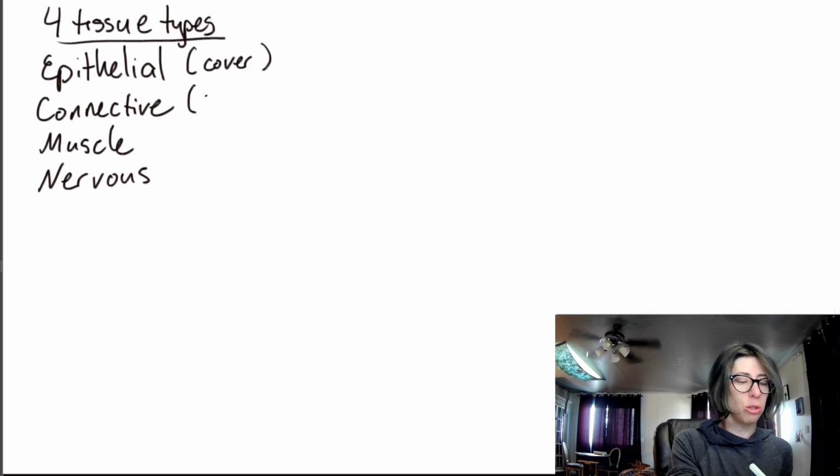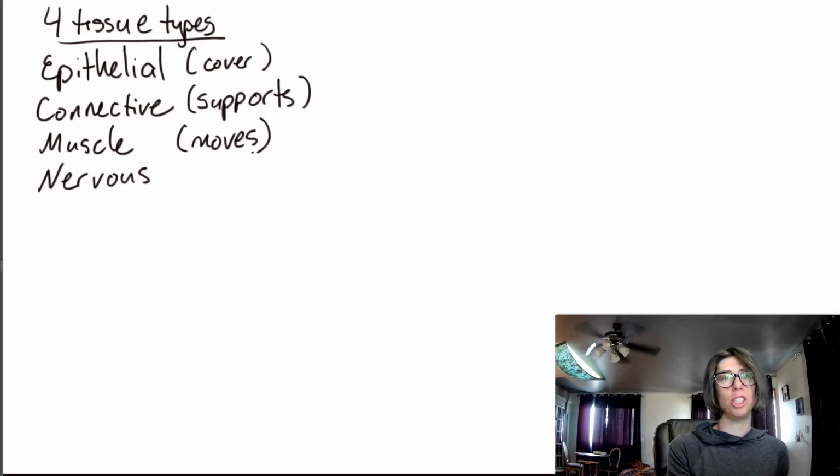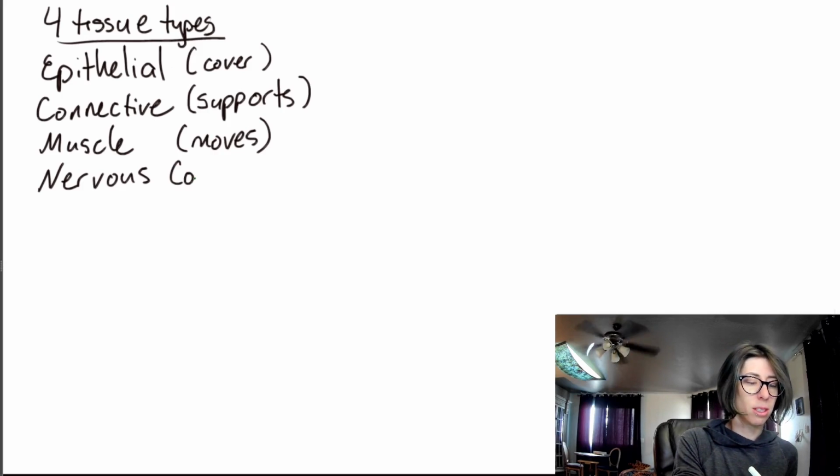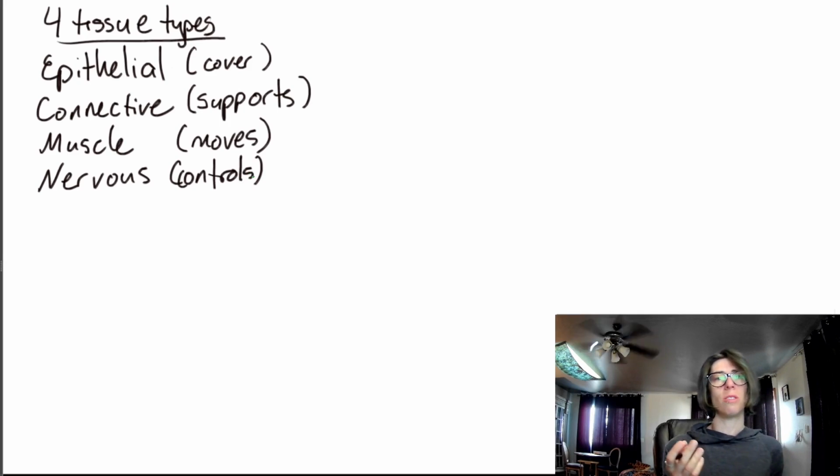Connective tissue supports. That's its main function. Muscle tissue moves. And nervous tissue controls. Because nervous tissue is your brain, and all the nerves that are conduits for messages between the brain and body. So nervous tissue controls.